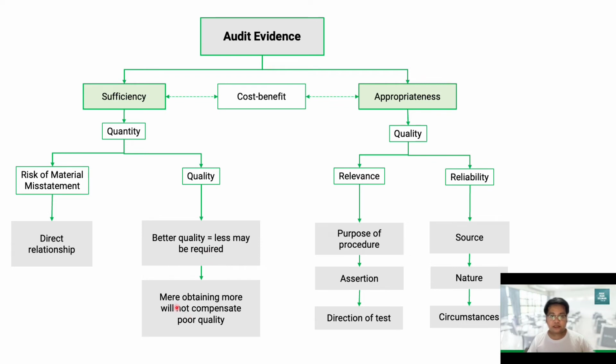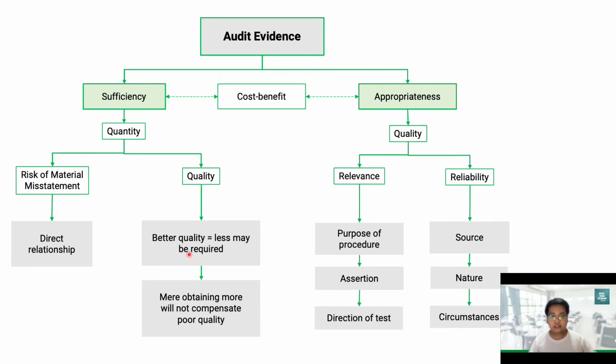If the quality of the evidence is poor, then merely obtaining more of it will not compensate for its poor quality. You have to change or obtain another type of audit evidence. Obtaining more quantity will not cure its poor quality. That is why the relationship of quantity and quality is somehow one way only.